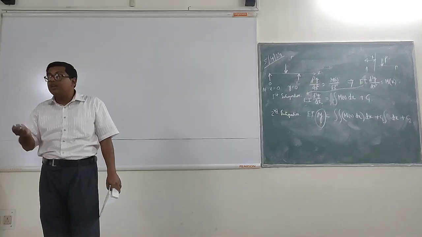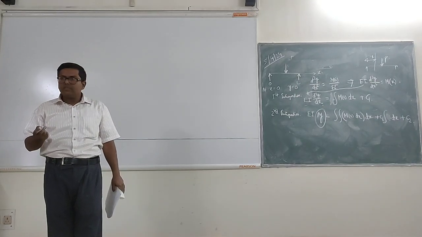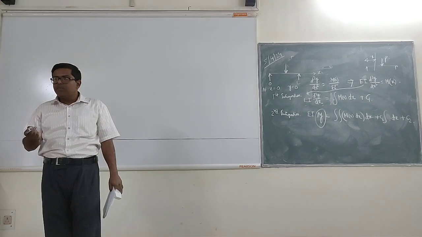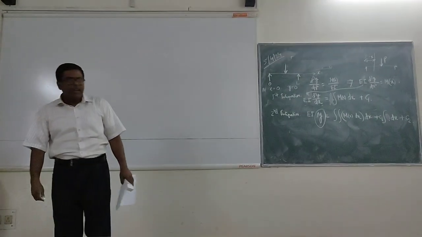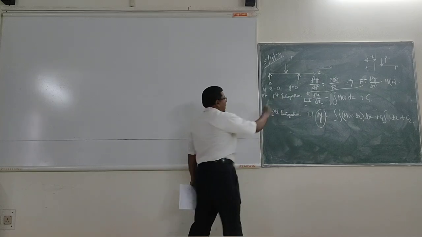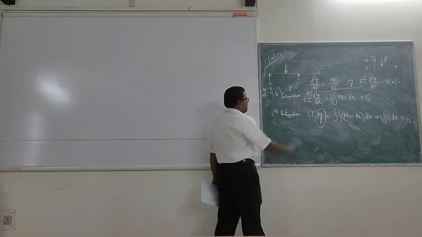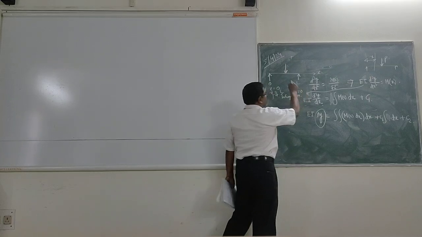So what will be the next boundary condition? Tell me. Well, it's very simple. The next boundary condition will be at x equal to L. At x equal to L again, y should be equal to 0.